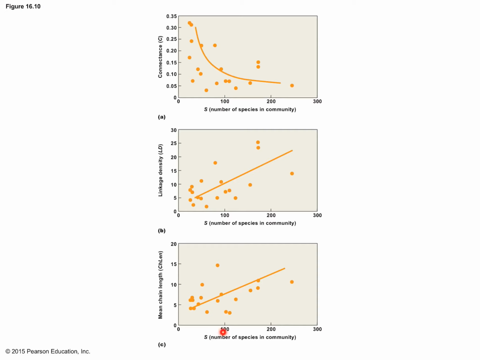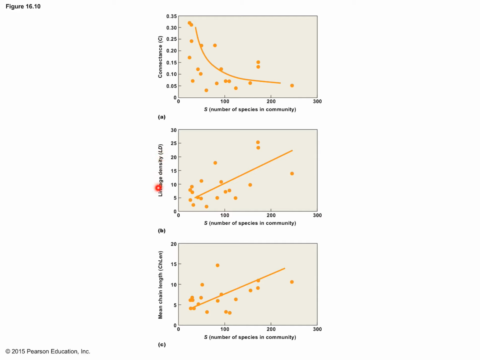And so what we see here on the x-axis in all three of these graphs is the species richness, number of species, right? And in our first one here, we have the mean chain length. So chain length is going up. This means that there are more intermediate species between the top predator in these systems and the basal level, okay, as species richness increases. Not too surprising.